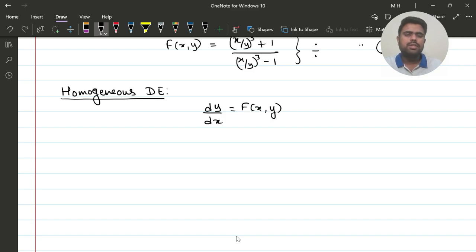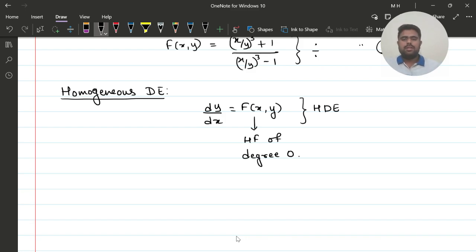Any differential equation of this form is called a homogeneous differential equation when f of x comma y is a homogeneous function of degree 0.